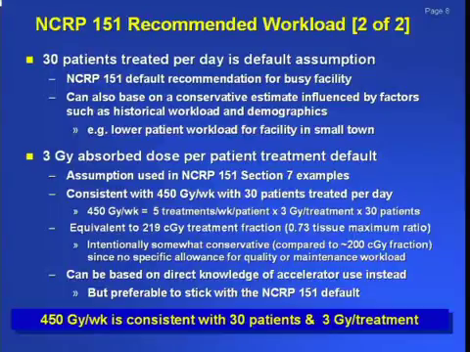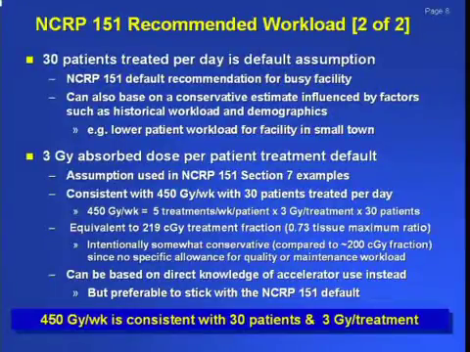I have had particularly physicians say, well, we want to treat 35 a day, but then they're treating a lower dose per patient. So it all works out. What you really want to look at is that you're not truly using more than 450 gray per week at your isocenter. It doesn't matter if that's distributed over 30 patients or 40 patients. Your workload is driven by your total workload at isocenter.